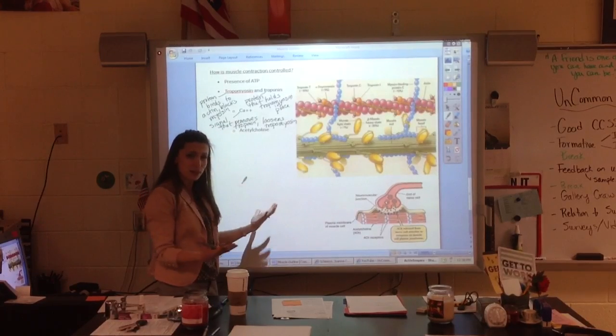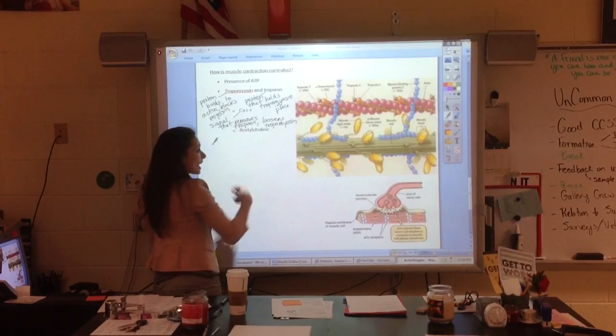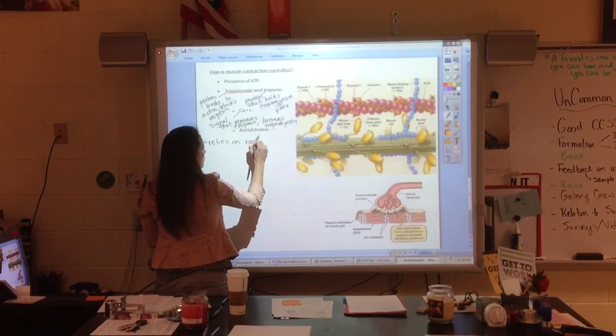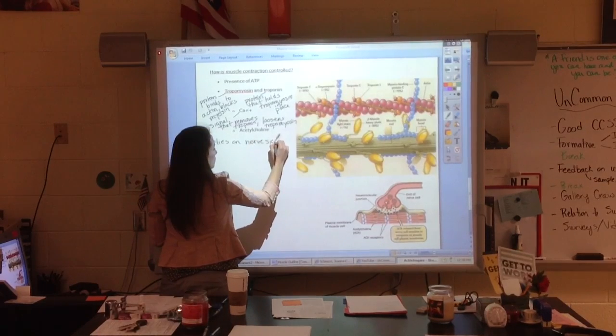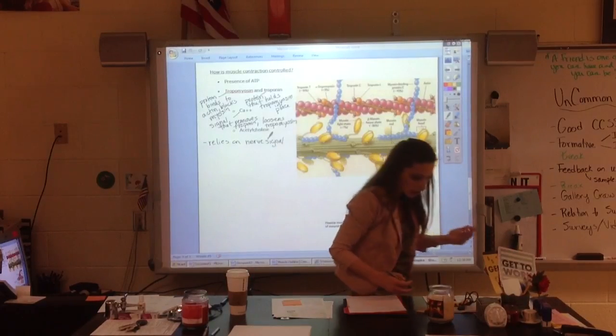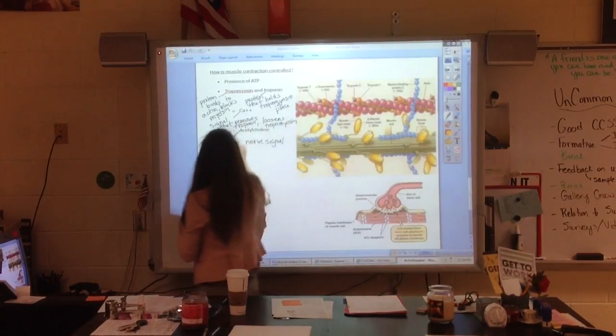So how does calcium know how to be released? Well, if we think about how we contract a muscle, the muscle contraction relies on a nerve signal. Nerves are what tell the body, control the body. And so what's going to happen is that acetylcholine is released from a nerve.